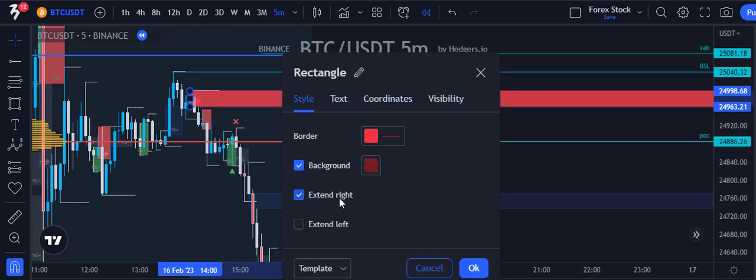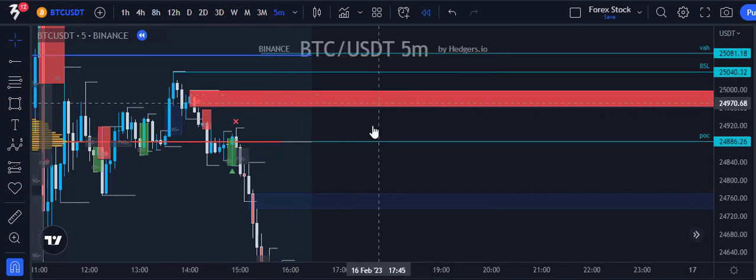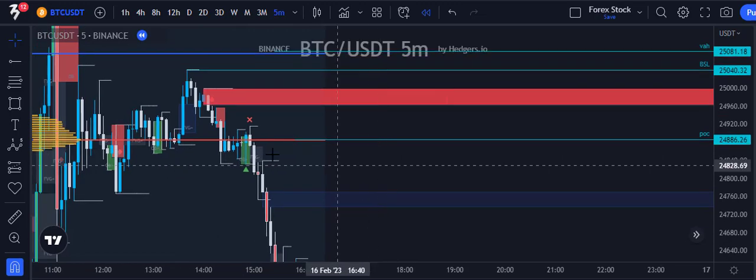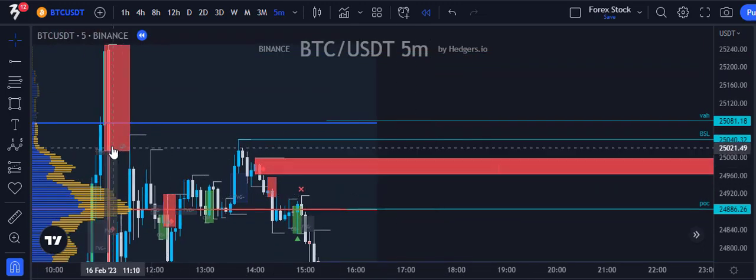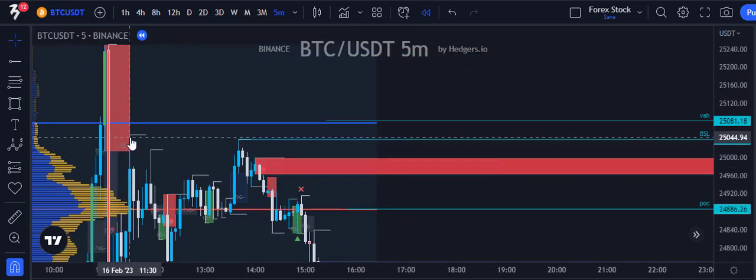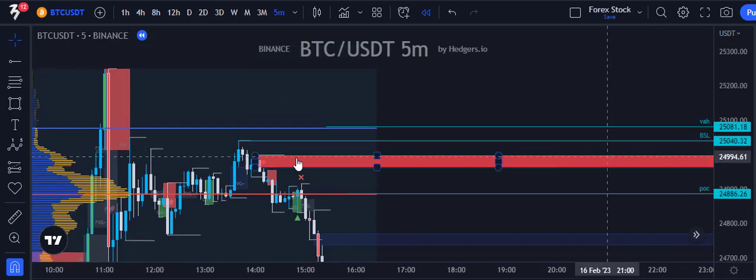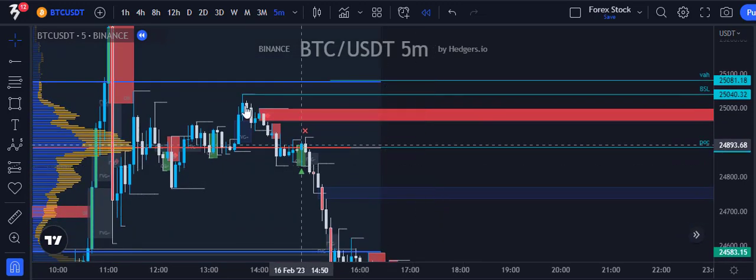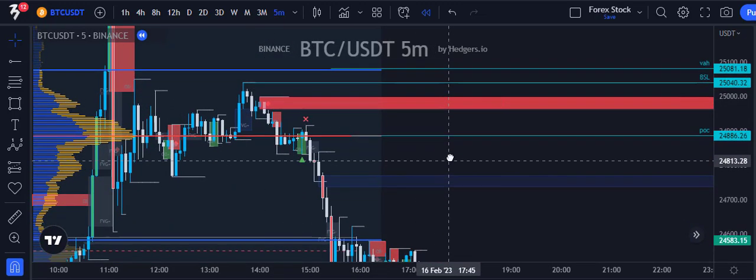You can extend it to the right side. Okay, this is your possible potential resistance, the 5-minute order block. You can mark this as well, but it has been taken out here, the mitigation. So I'm not gonna take the mitigation point right now. Okay, I'm just gonna take these, right?